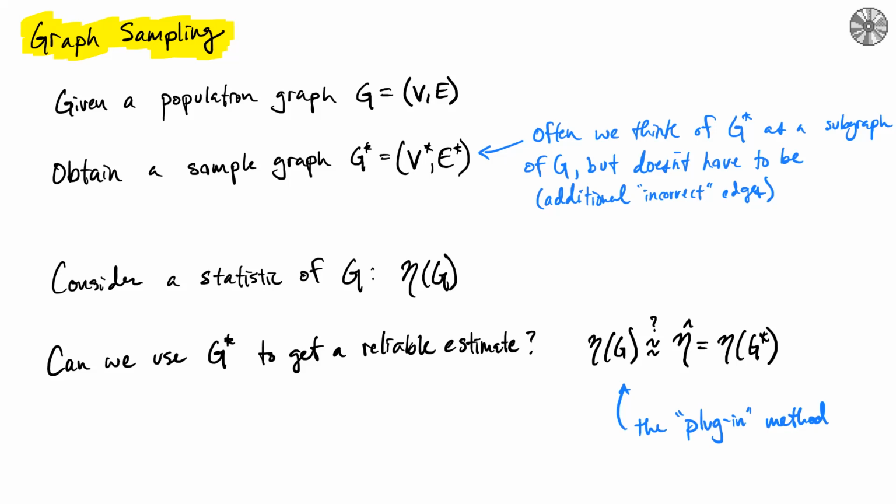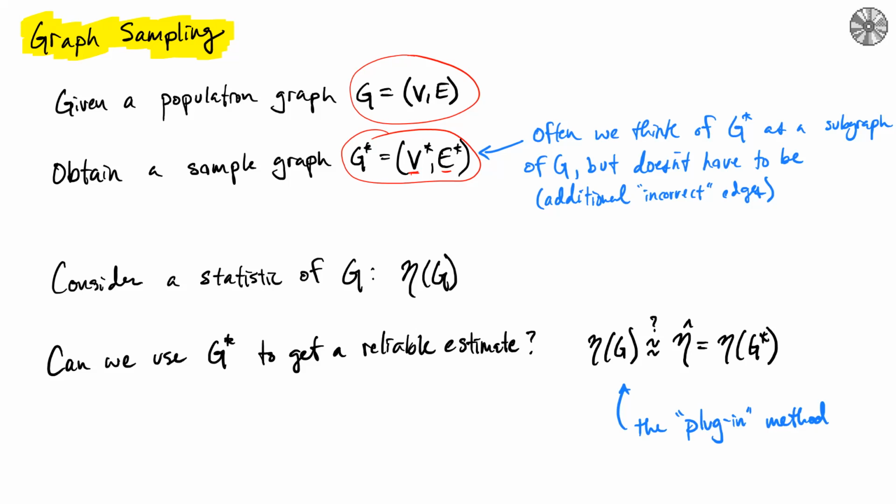And so, more mathematically, this original graph we'll call the population graph, coming from the verbiage of statistics. And then we're going to construct a sample graph, which will use these stars to denote, where we don't have perfect information. And so the edge set and the vertex set could be different.